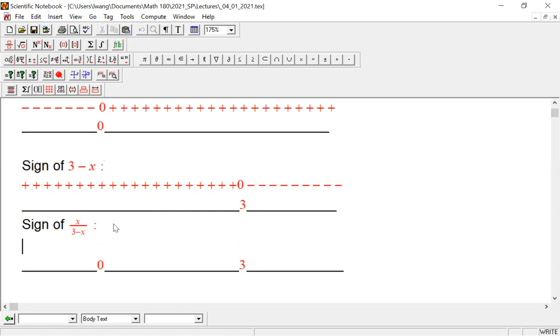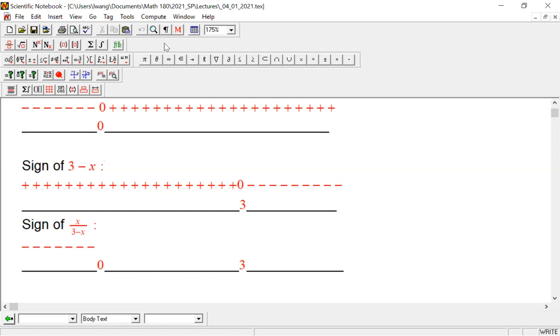And the sign. When we pick a number less than 0, we're doing a negative divided by positive. Negative divided by positive is what? It's negative.